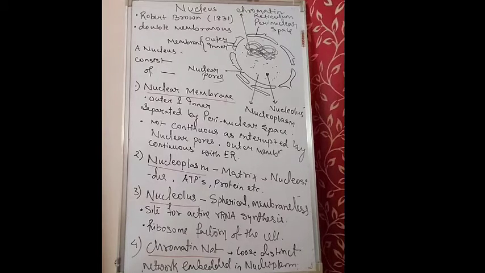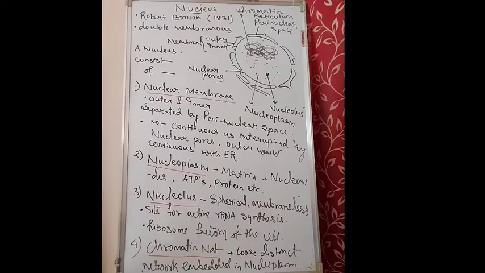This chromatin mainly consists of DNA, RNA, and along with this, in the case of eukaryotes, a type of protein known as histone protein. That means DNA and histone proteins are present in the chromatin, and RNA and non-histone protein may be present. So it depends whether it is in a eukaryotic or prokaryotic cell.